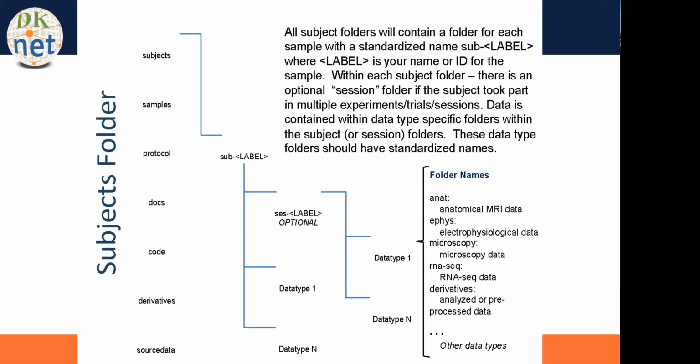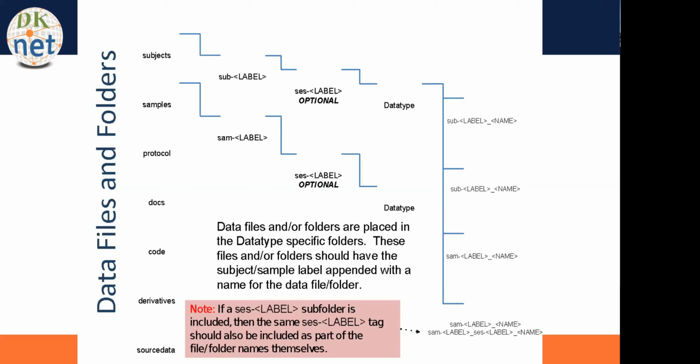So again, it depends on what your structure is. But if you then add samples, right, you could have samples that also have sessions, or you could have the samples folder within the subjects folder. Again, lots of different variants here, but it needs to make sense for what you're doing.